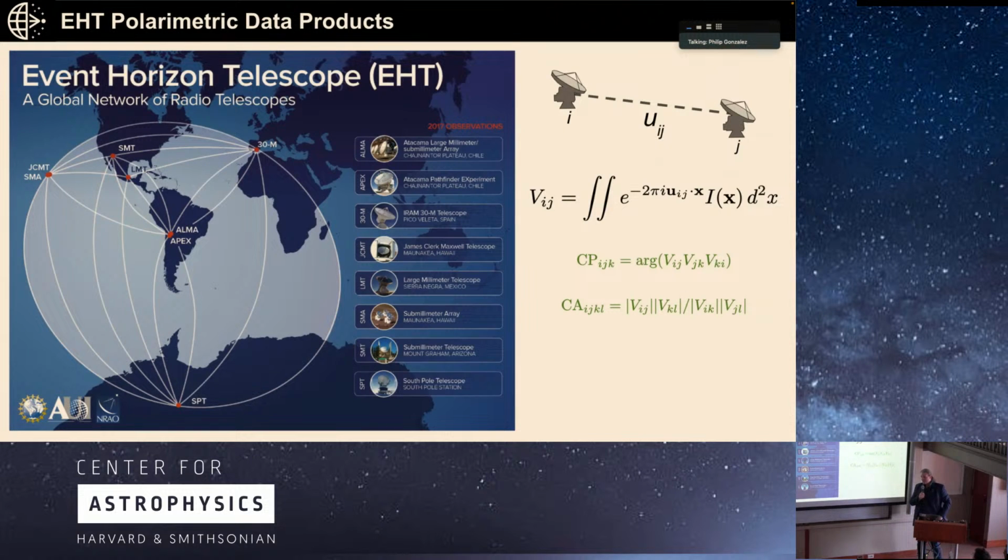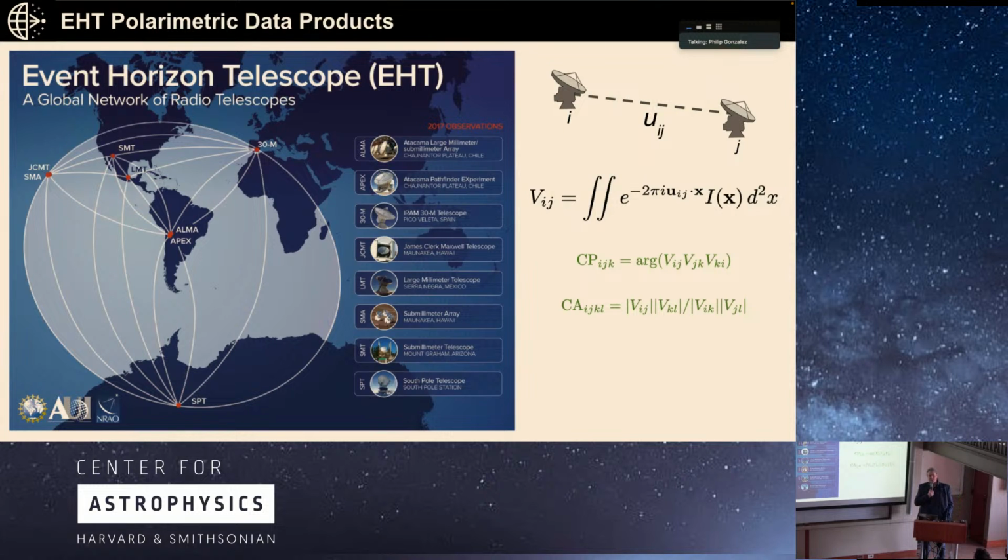How do we achieve that feat? Like all interferometers, it works by combining information from stations located at very different locations on the globe. And these are related to the image on the sky by a Fourier transform.